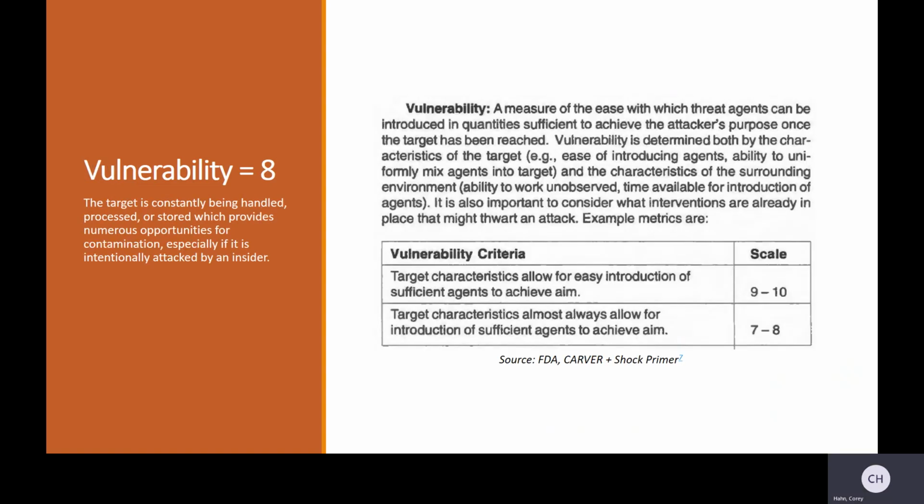Then we move on to scoring vulnerability, which was given an 8. This is because the target is constantly being handled, processed, or stored, which provides numerous opportunities for contamination along that supply chain, especially if it is intentionally attacked by an insider.